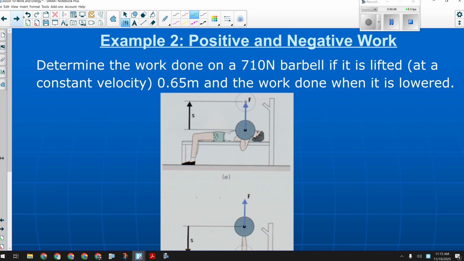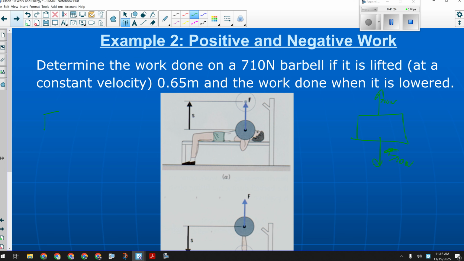From a free body diagram perspective, there's the barbell. I push up with 710 newtons, gravity pulls down with 710 newtons, and the barbell moves up at a constant velocity. That means I'd only be changing its what kind of energy? Potential energy. I'm not accelerating it, I'm just moving it upwards. So, how much work am I going to do if I lift that barbell, 710 newtons, 0.65 meters?